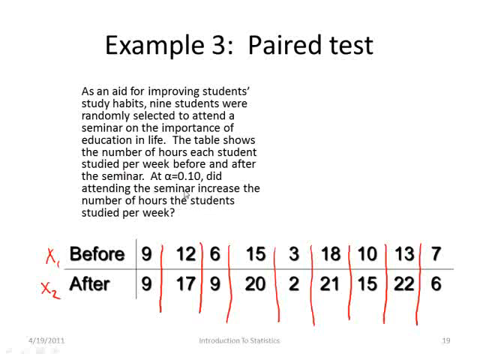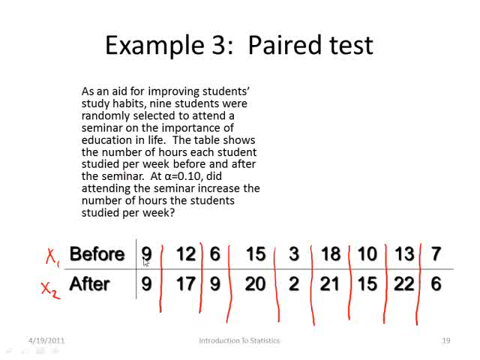the seminar did not work. So we just said that these numbers should be pretty close. How can I tell if these numbers are going to be pretty close? What could I do? Other way. Subtract them. Right?